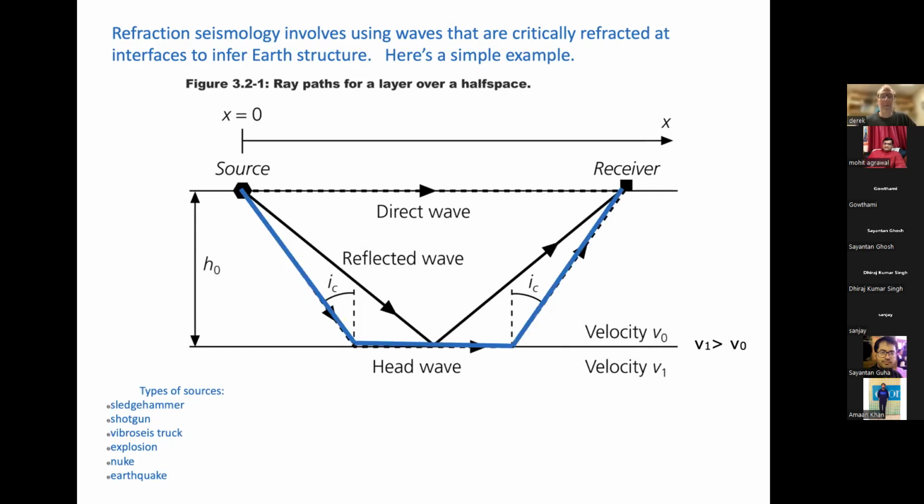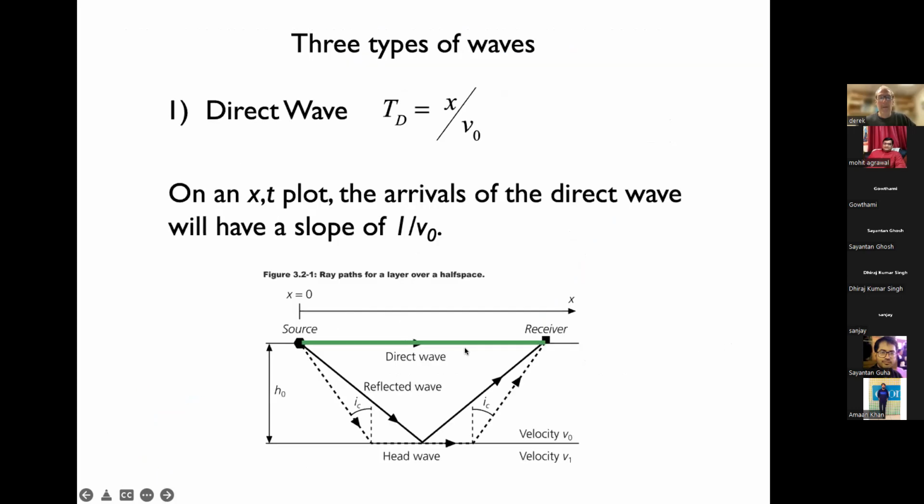In particular, we're going to focus on this blue line here. But I do want to show you the three types of waves. The time of the direct wave is just the distance between the source and receiver over the velocity of the top layer. So on a plot of x versus t, the arrivals of the direct wave will have a slope of 1 over v naught.